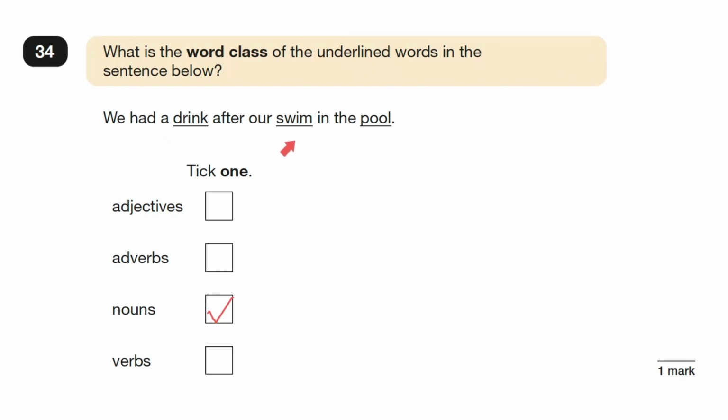So that is a noun. It's naming the event, the swim. We've got an article here, in the pool, which is a noun. So we've got 3 nouns, 2 of which could be confused as verbs, but they're not. But again, I just wanted to show you this general setup as this is quite common when verbs are involved.